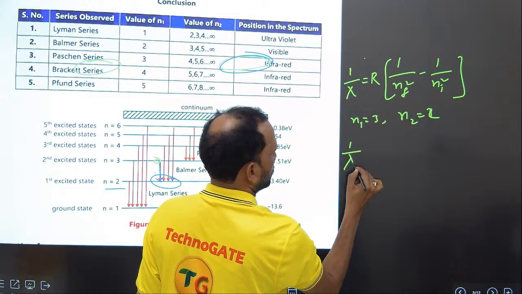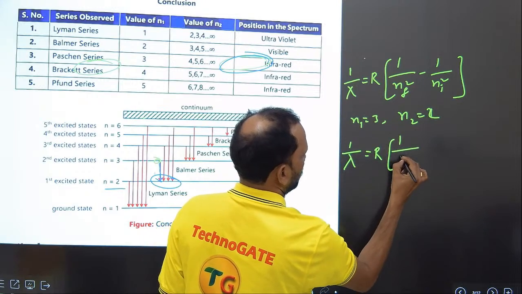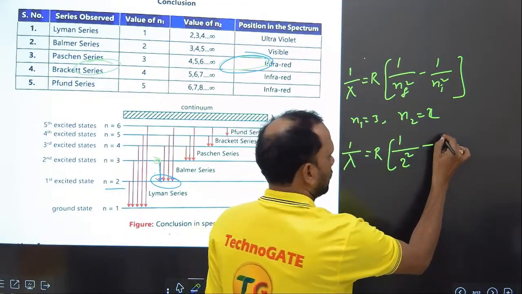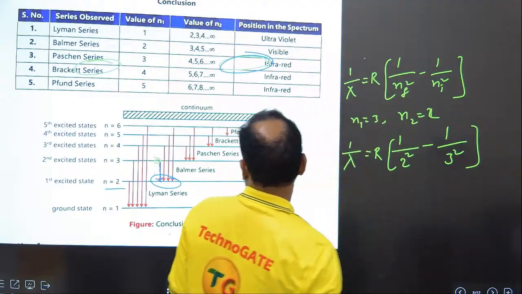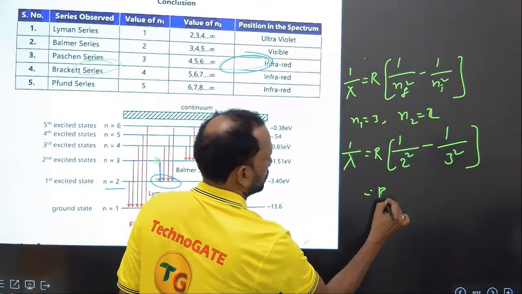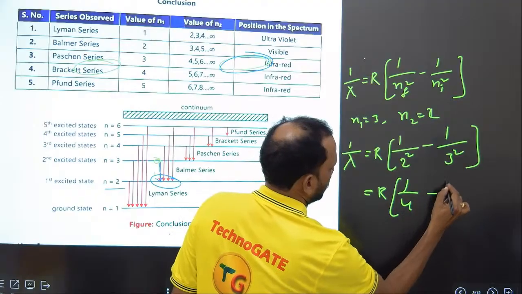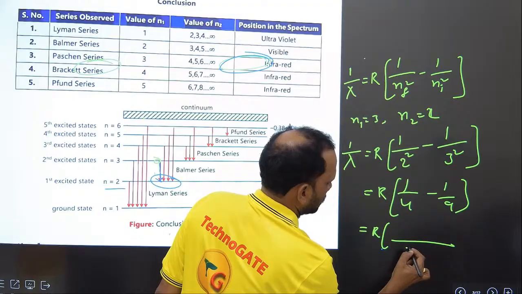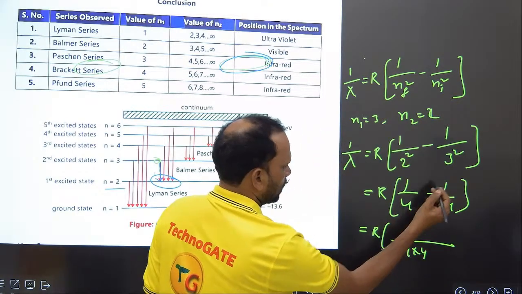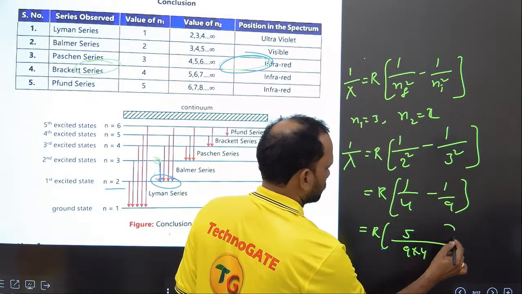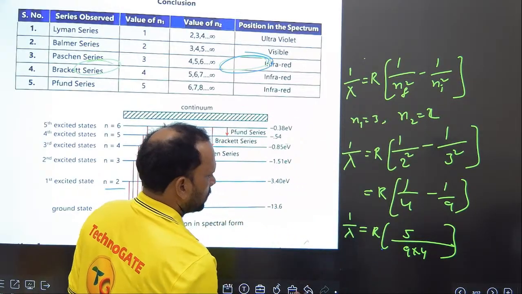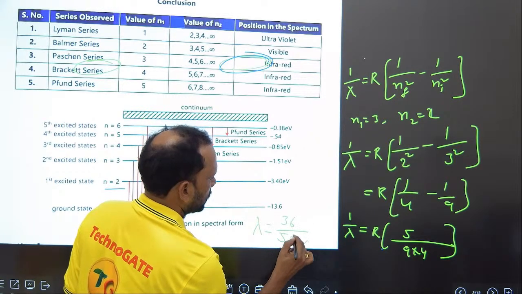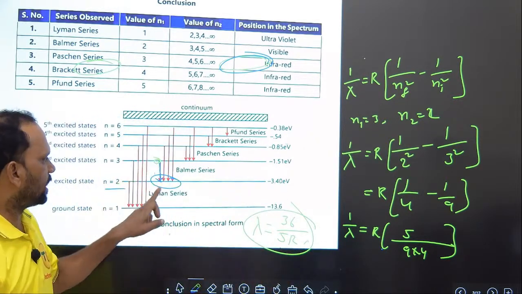Then 1/λ is equal to R into (1/2² minus 1/3²), which is R into (1/4 minus 1/9). The LCM is 9 fours are 36, and the numerator becomes 5. This is 1/λ. Reversing it, λ is equal to 36/5R. So this is the first line of the Balmer series.